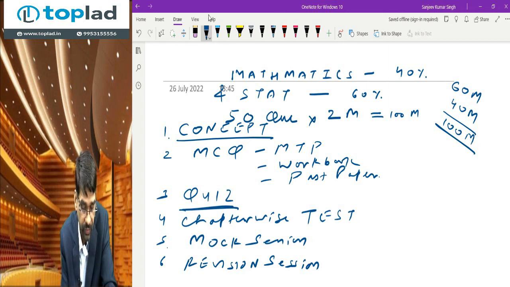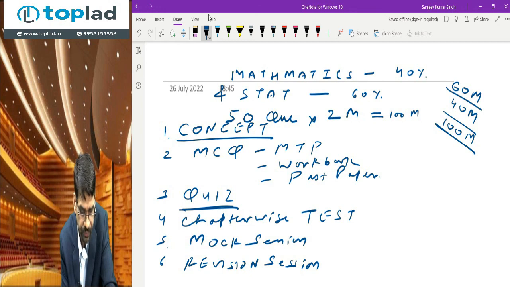Friends, if you do hard work, if you do homework at your home and do a lot of practice for a very, very important, very, very interesting subject like mathematics and statistics, you can get 100 marks. I am sure every student can touch this level.